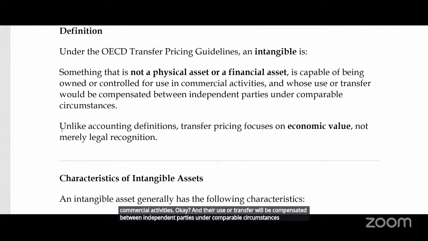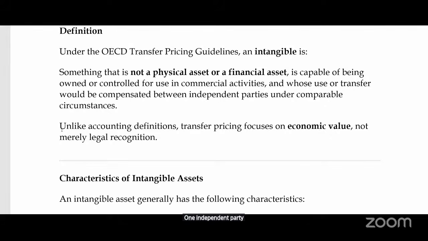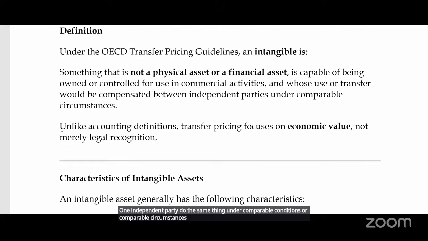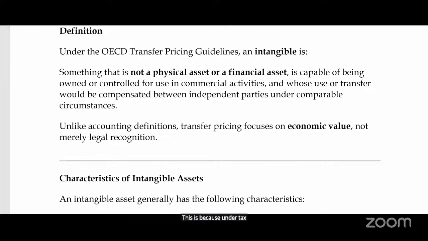So the whole thing about the arm's length principle and transfer pricing is that whatever you are doing, an independent party would do the same thing under comparable conditions. Unlike other accounting definitions, transfer pricing focuses on the economic value and not merely the legal recognition. This is because under tax planning, we consider the commercial substance over the legal form.